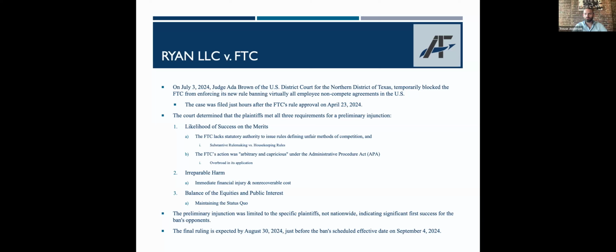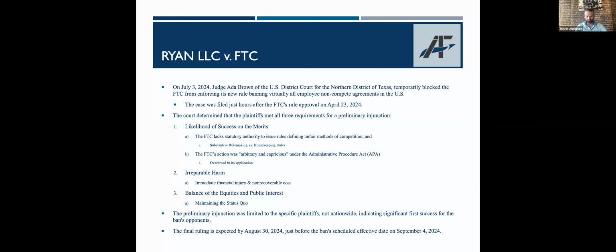Okay, Ryan brought a preliminary injunction to try to stop the ban from going into effect, and the court said that the plaintiffs, Ryan here, met 3 of the requirements for receiving relief for a preliminary injunction. And those 3 things are the likelihood of success on the merits of their claims, the irreparable harm that the plaintiffs may face if they don't get injunctive relief, and then the sort of catch-all that the courts like to look at is balancing the equities and public interests, right, of allowing the rule to move forward.